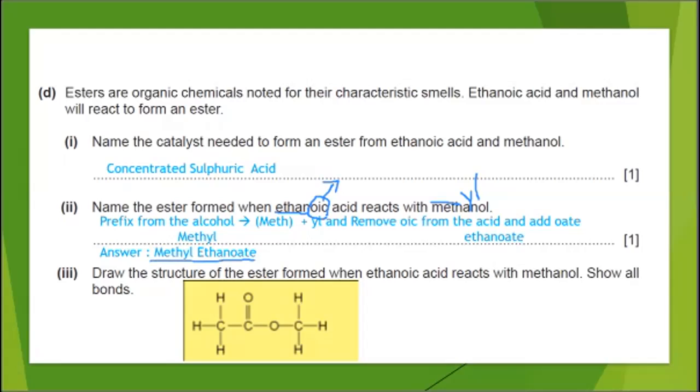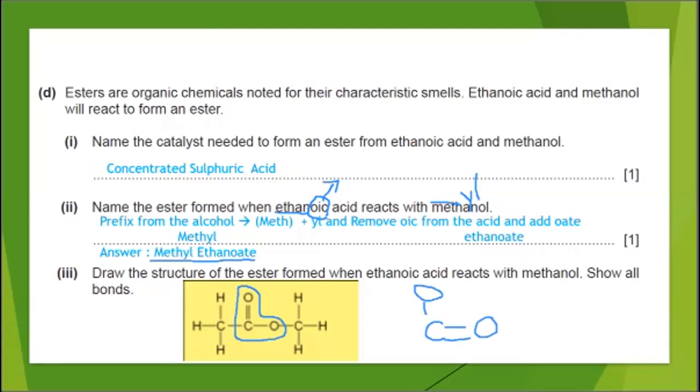Next, they say, draw the structure of the ester formed when ethanoic acid reacts with methanol and show all bonds, right? This bond right here, C double bond O, is characteristic of esters. Anytime you're looking to see if an ester is present, you look for C double bond O bonded to oxygen.